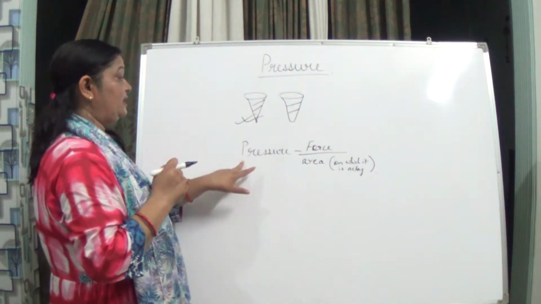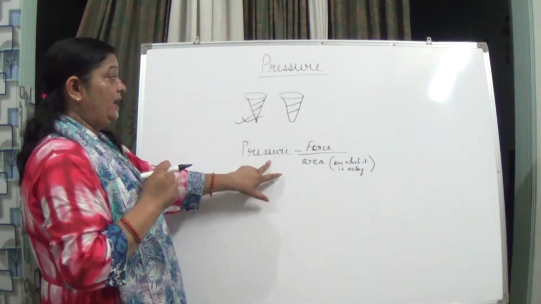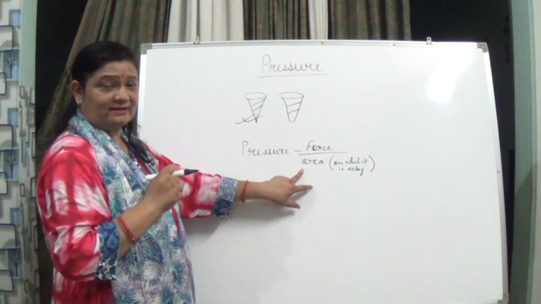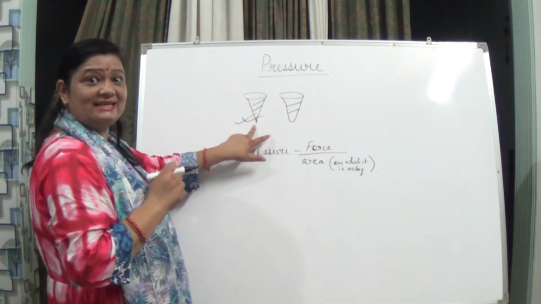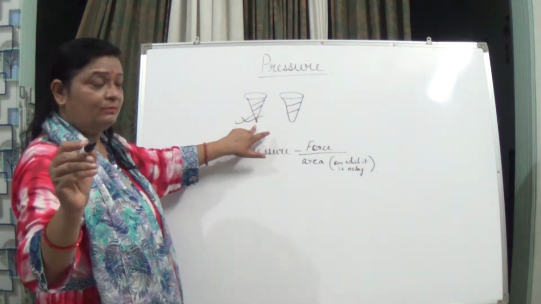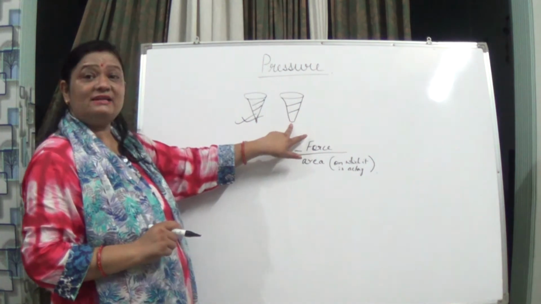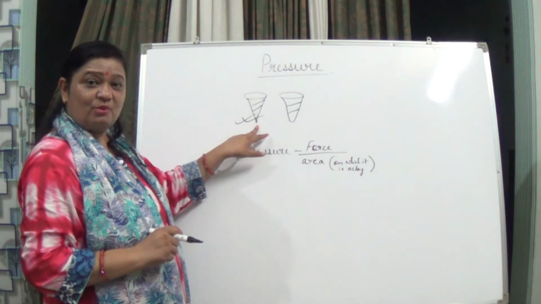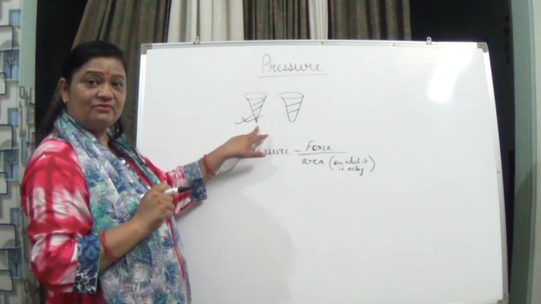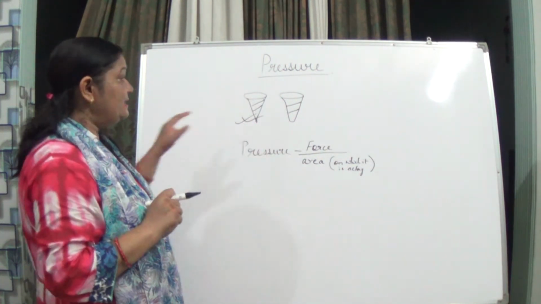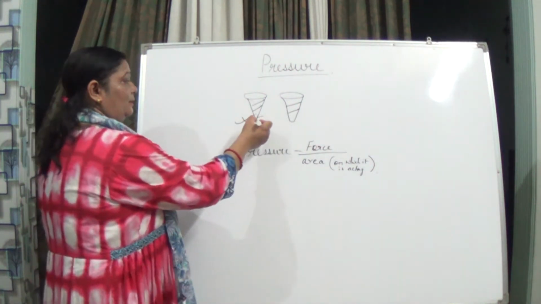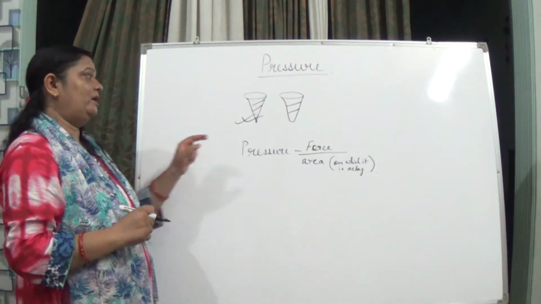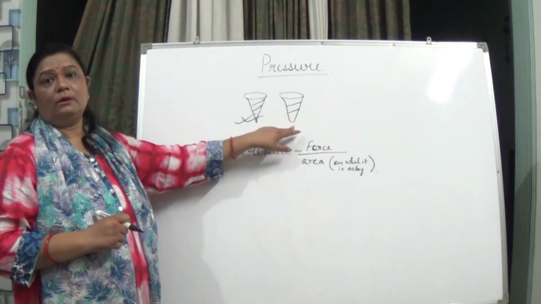Pressure is inversely proportional to the area on which the force is acting. Here the area is less, so the pressure will be more. Here the area is more, so the pressure will be less. If the pressure is more, the nail will be fixed very fast and easily on the wall. This is why the pointed nail fixes more easily in the wall than the unpointed one.